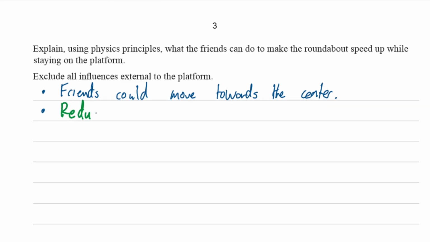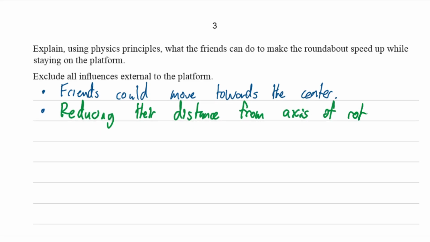So we could say reducing their distance from the axis of rotation. Right, that's just the center of the circle, assuming it's uniform. And so what does that do? Well, related to their mass is the rotational inertia.